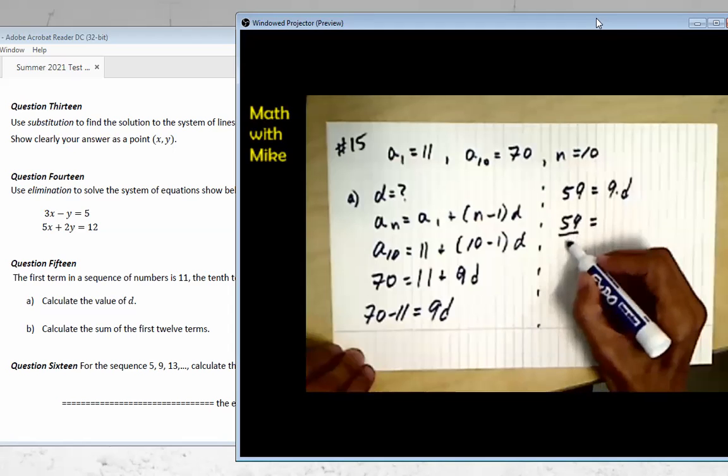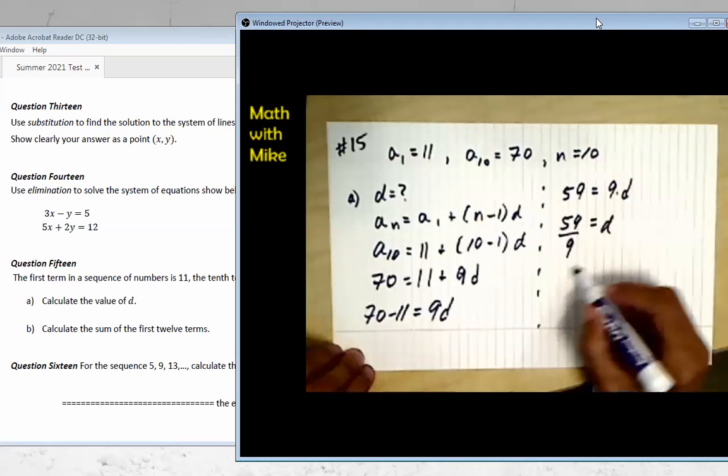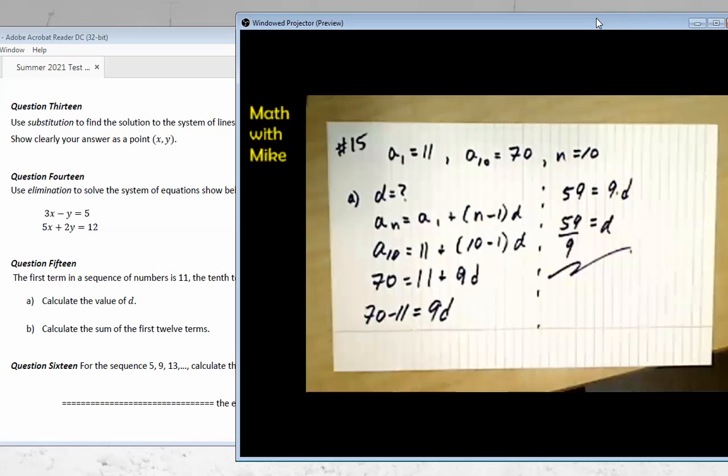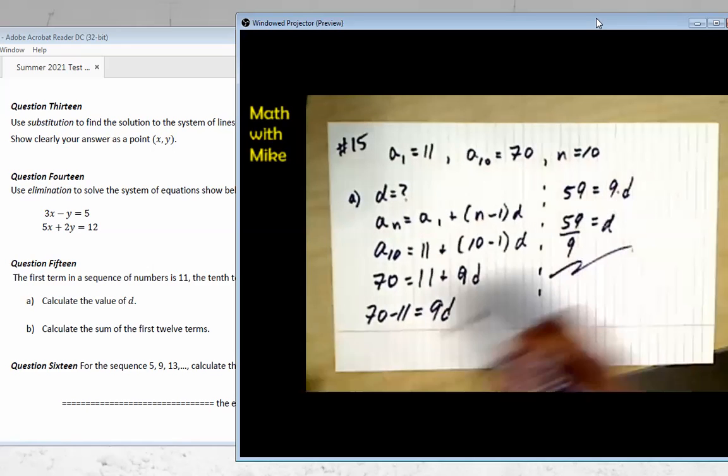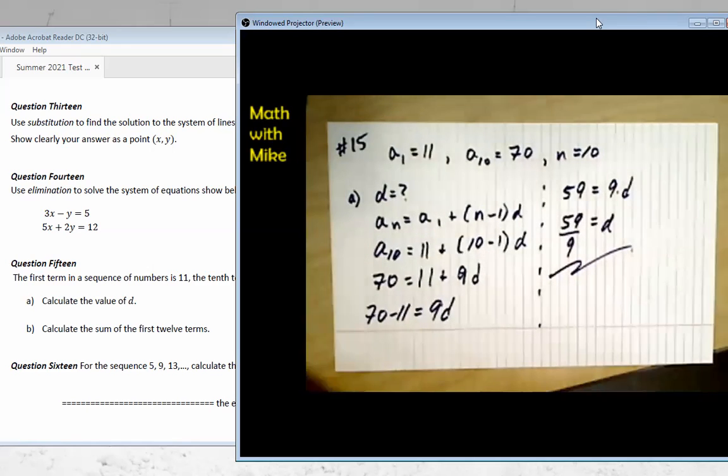And so we get 59 over 9 for the D value that is there. That's a 9, not a 4. 59 divided by 9. And now we're probably going to have to use that for the next part.